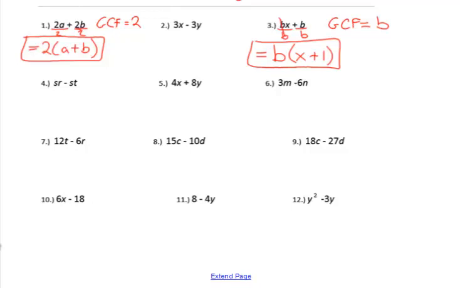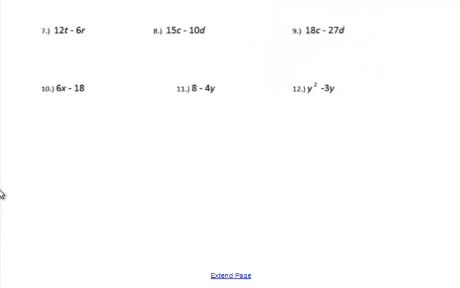All right, so we've got some more for you to practice here. I'm just going to do maybe 2 more of these. Let's do number 8. What do we see? We've got 15 and 10. What goes into 15? 5, 3. And what goes into 10? 5. So 5 is going to be our GCF.